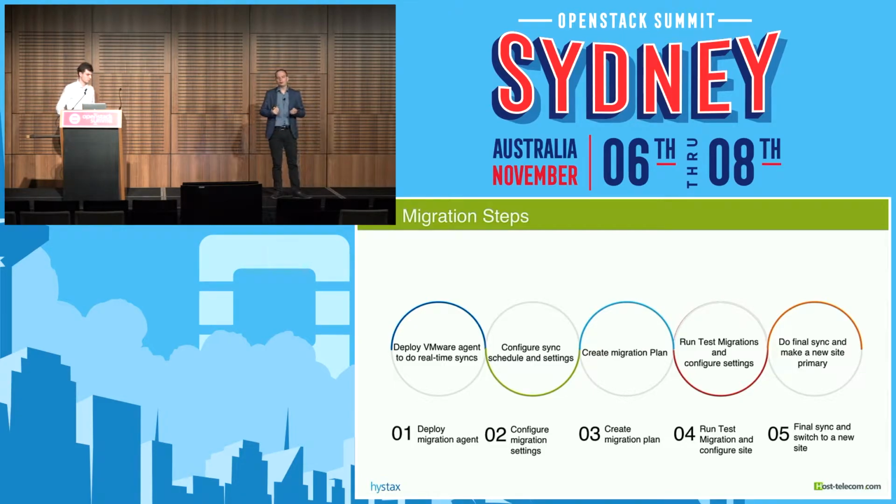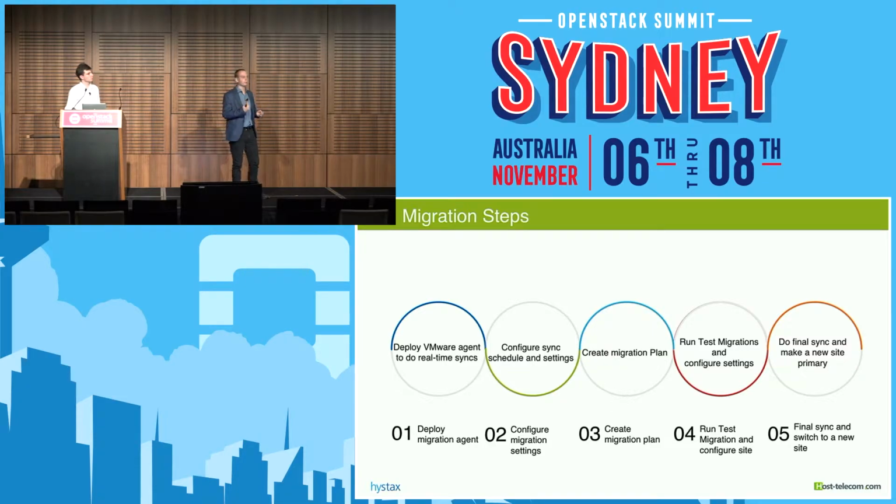The second one: we need to configure the replication settings, how frequently we would like to do replicas or incrementals, or how long we would like to store our snapshots. I will tell about snapshots and why we need snapshotting in the process of migration on a dedicated slide.